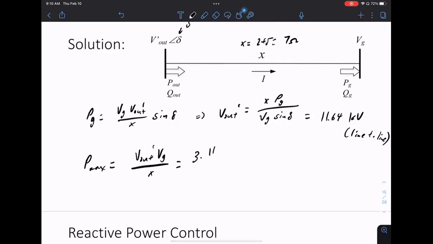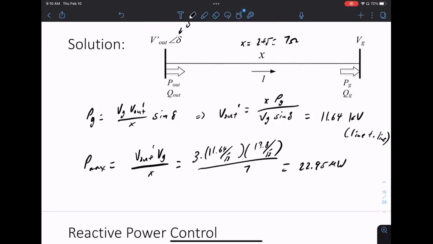So this is 11.64 over 3, 13.8 over 3 over 7. This we get is 22.95 megawatt. Just again, remember 3 phase. So there's a 3 if you're talking about per phase voltages. Okay. No questions for this?